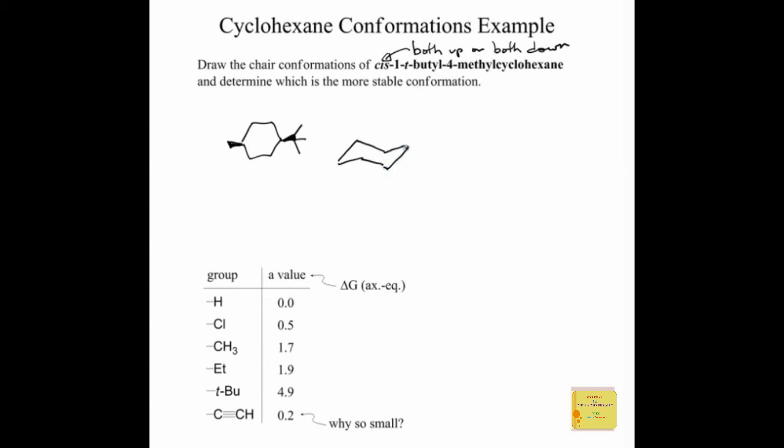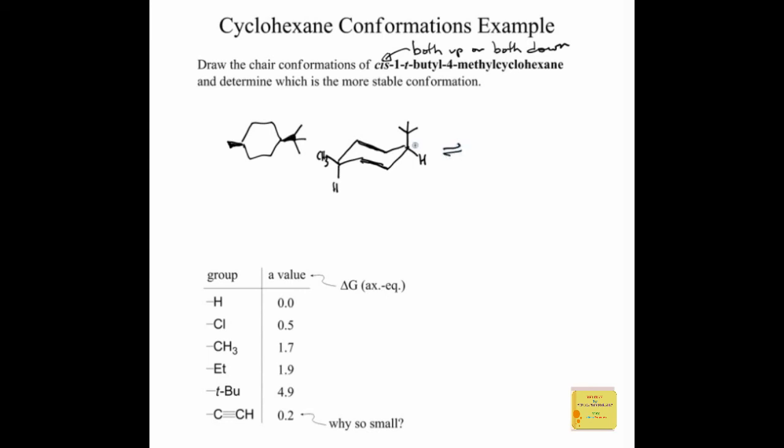Let's try and straighten out my lines here. Let's make these our end carbons, the opposite carbons here. Here we have a methyl group up, so let's put our methyl group up on this end. And then on the far end, on the fourth carbon, we have a tert-butyl group up. That would be one chair conformation.